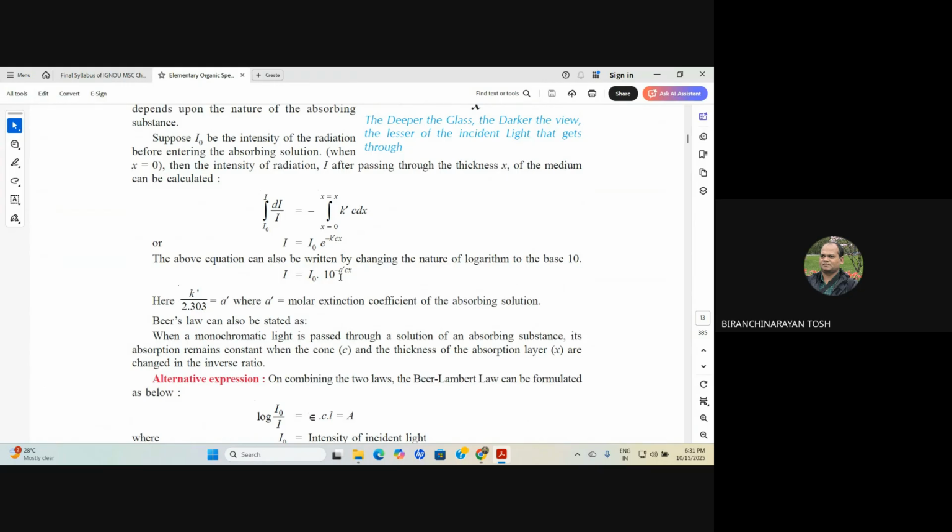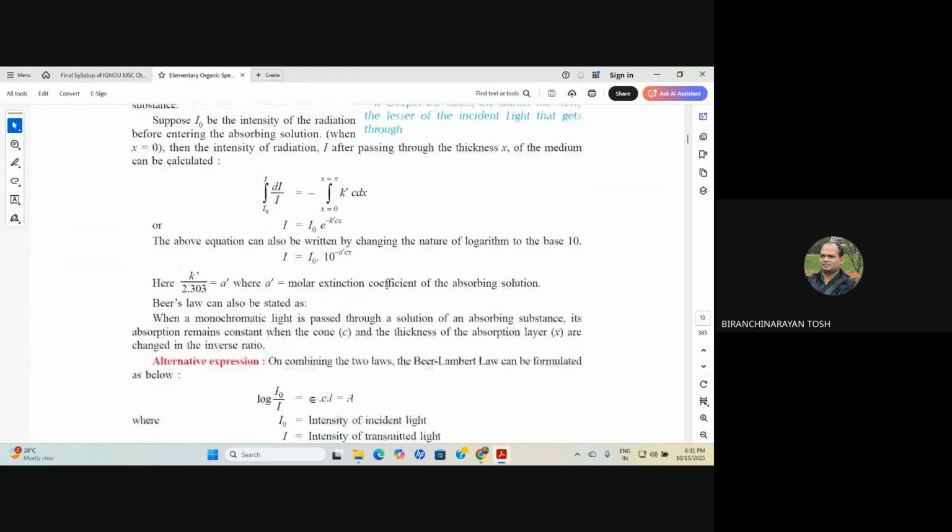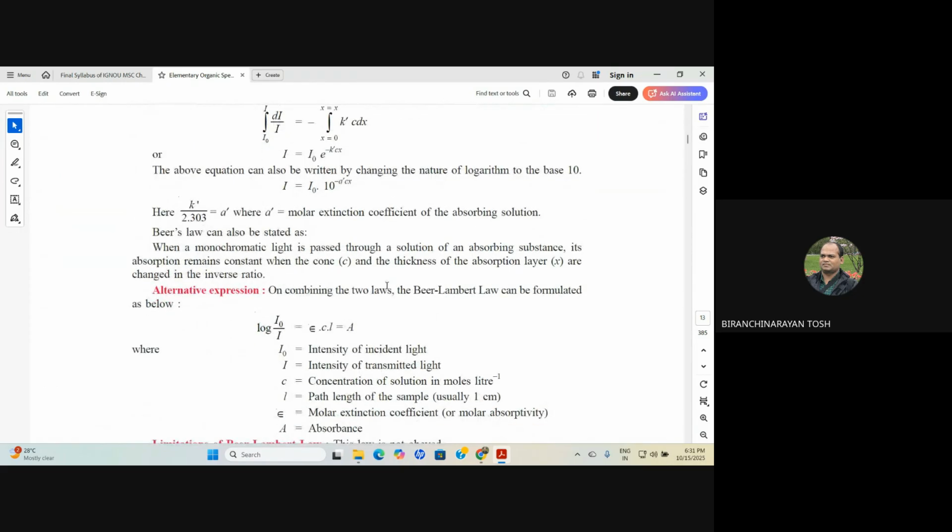Because you can see C and x, if they change in inverse ratio, that means if C increases proportionately, x decreases, then the absorption will remain constant. So now we will combine these two laws. On combining the two laws, it is known as the Beer-Lambert law.